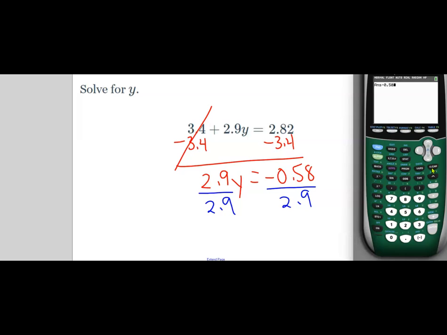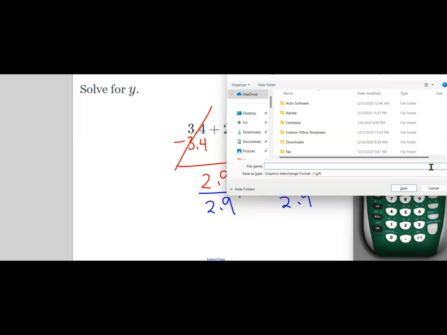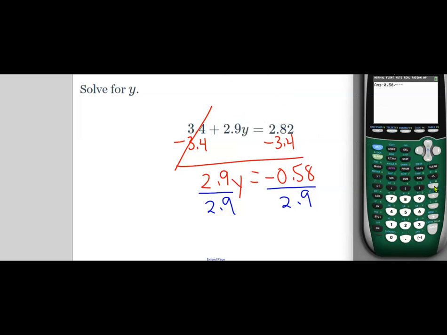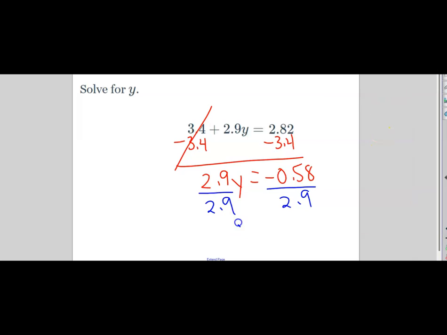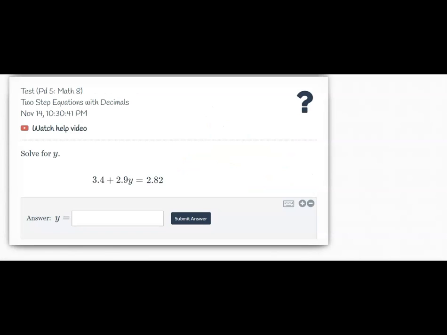Sorry, let me clear this. I was typing the subtraction sign by accident. Negative 0.58 divided by 2.9. We get negative 0.2. So y is negative 0.2. Let's type that in.